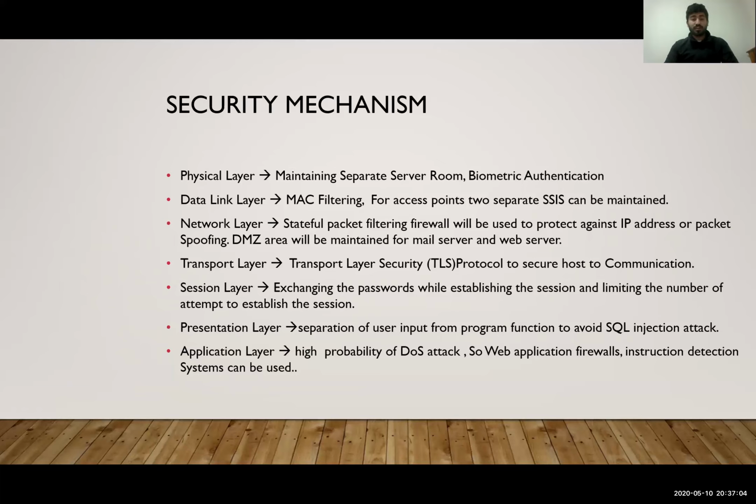In the transport layer, the Transport Layer Security protocol is used in this network because this protocol maintains security using three components. First one is encryption, authentication, and then integrity.